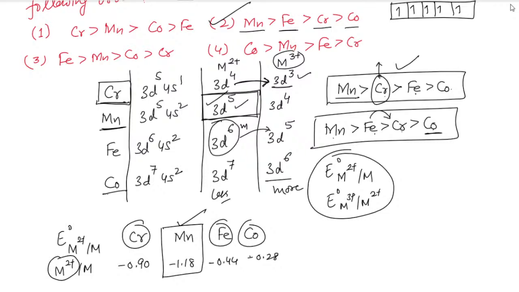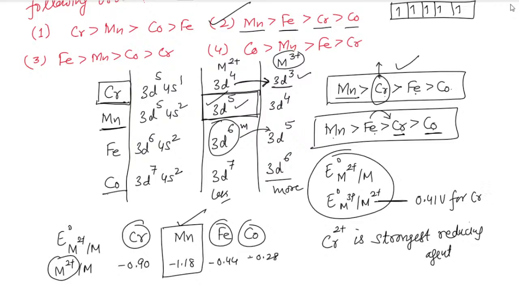But if you compare the E naught value of M3+ to M2+, then Cr2+ is the strongest reducing agent, and it can even liberate hydrogen gas, because the E naught value for chromium is positive, 0.41 volt.